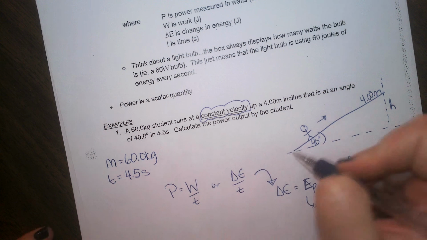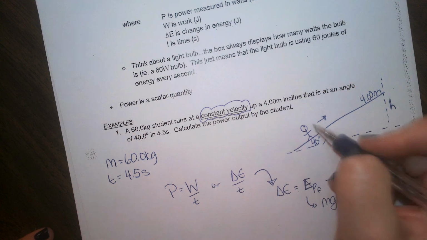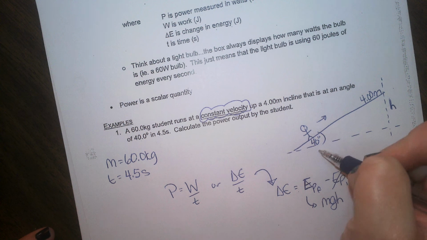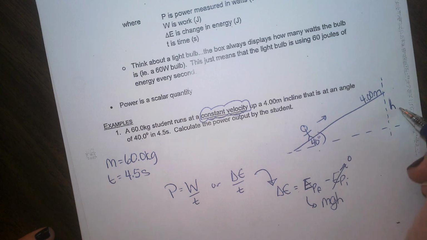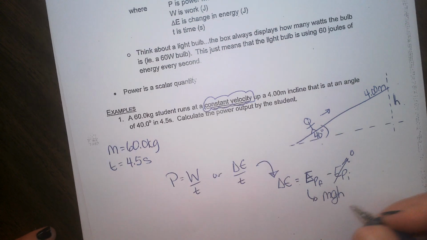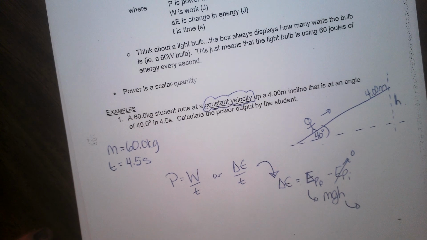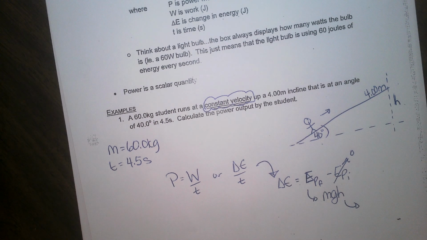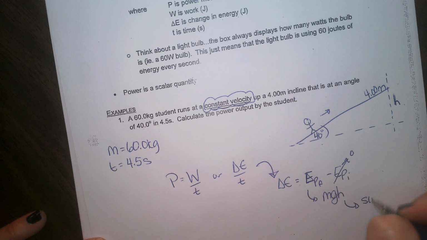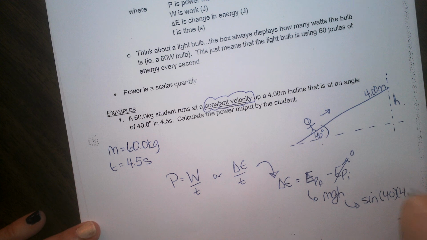We have a hypotenuse and an angle. So we could use trig to find h. Okay? So h, is h adjacent or opposite the angle? So we're going to go the sine of 40 times our hypotenuse, which is 4.